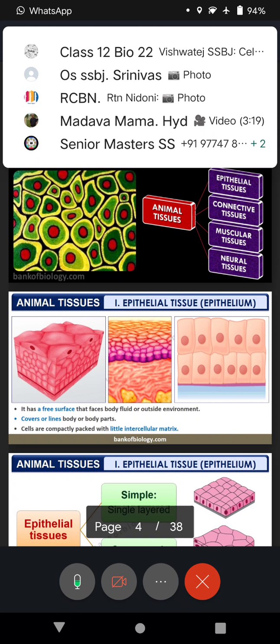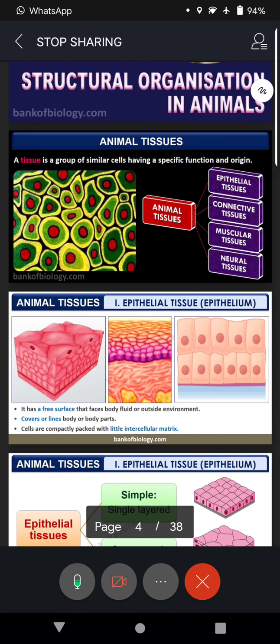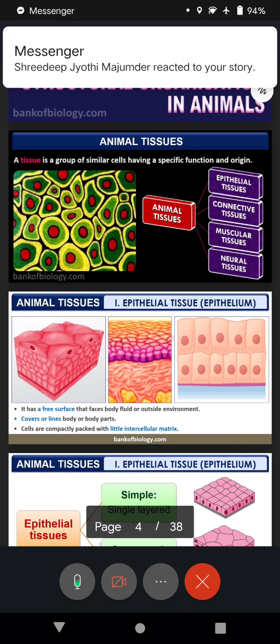You know, we may be now feeling that we are all great people, 6 feet tall, 100 kilo plus weight, all that. But what is our root? Root is only single cell. Irrespective of who we are, what we are today, our life started with single cell, that is zygote.